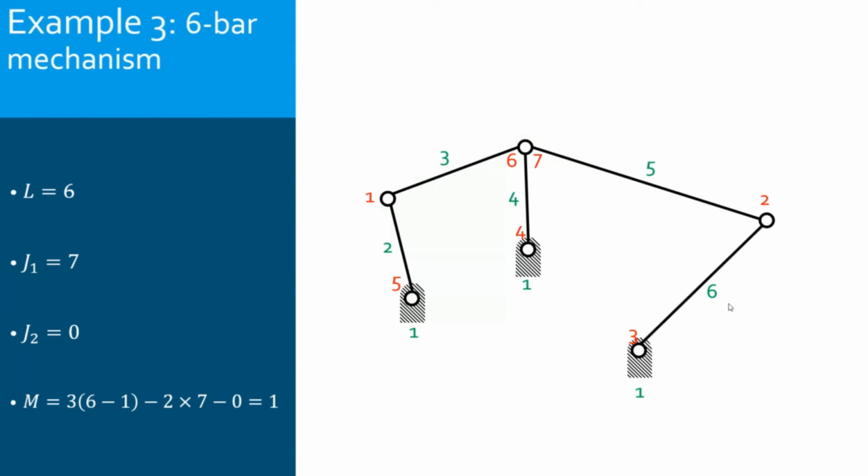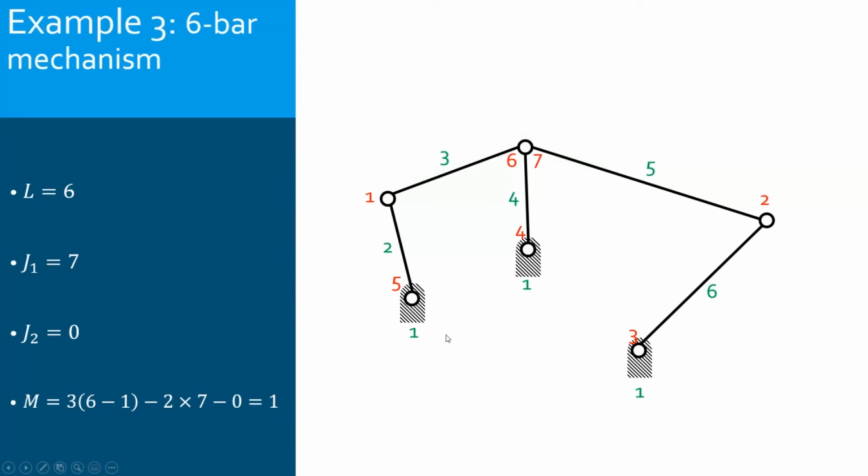J1, okay, the joints that allow 1 degree of freedom are either the revolute joints or the prismatic joints. Here I will have only pin joints, the revolute joints. So if I count them, I have here 6 pin joints.